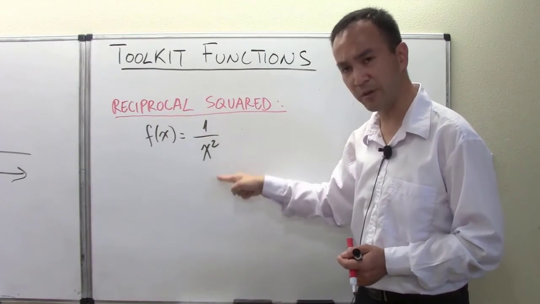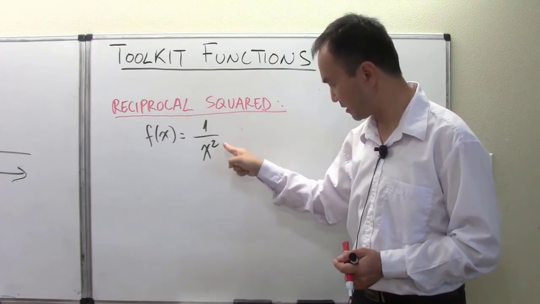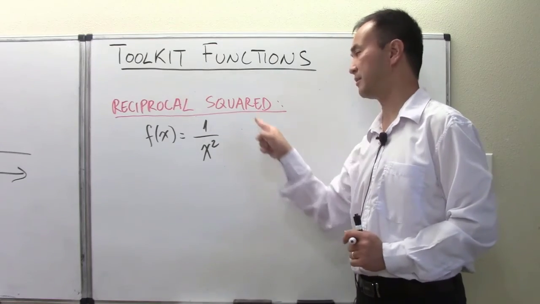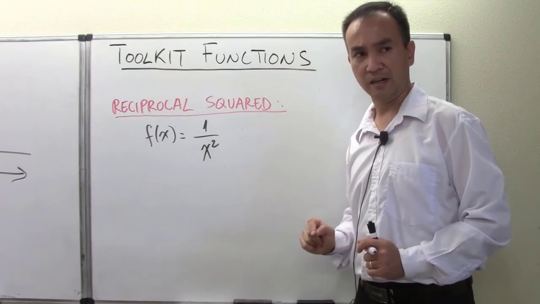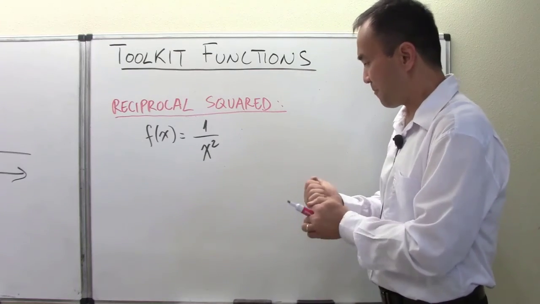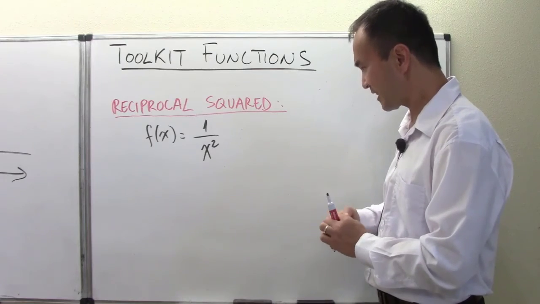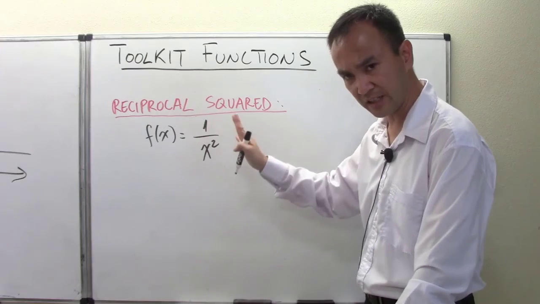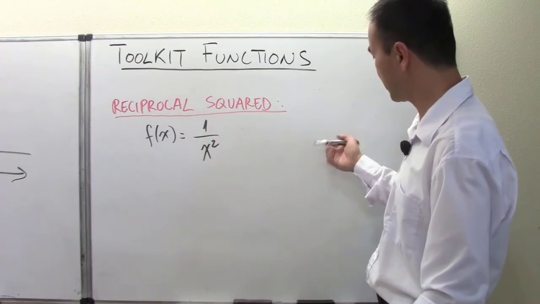See, it's similar to the 1 over x. Okay, but the input here is being squared in the denominator. That's why it's squared here. Okay, so reciprocal squared. All right, so now, just like that, it has a denominator. This rule here has an expression in the denominator. So think about this.